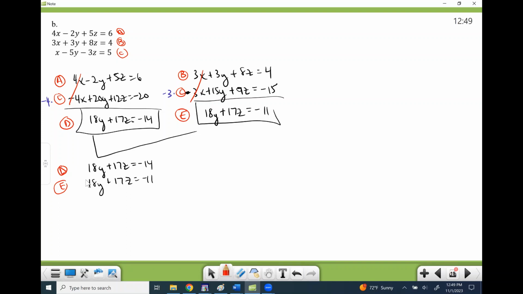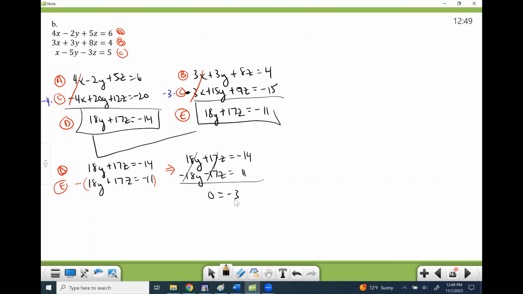Then I might multiply by a negative to the bottom equation. So that'll get me -18y minus 17z equals 11. And both of these cancel, so we get 0 equals -3.